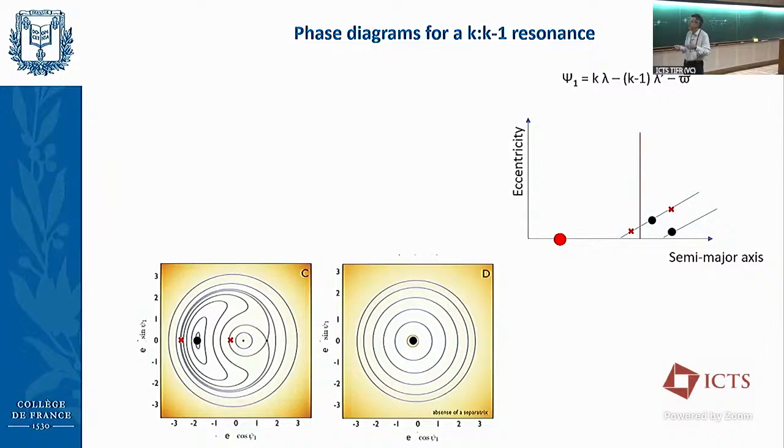It's called the separatrix. It's a critical curve in the diagram and separates the region where the orbits librate around the equilibrium point with this sort of banana-shaped curves, and the region where the orbits circulate.